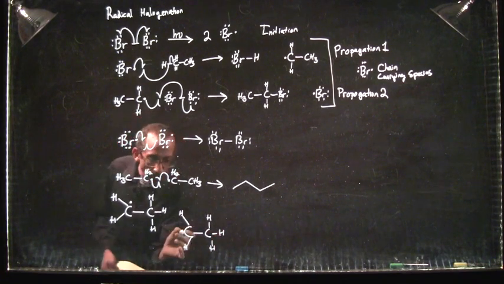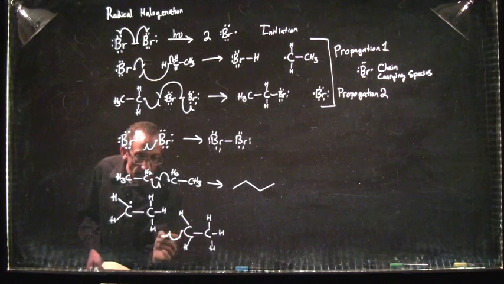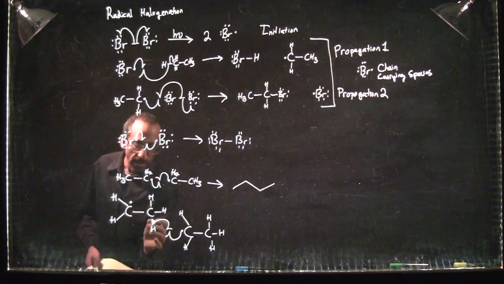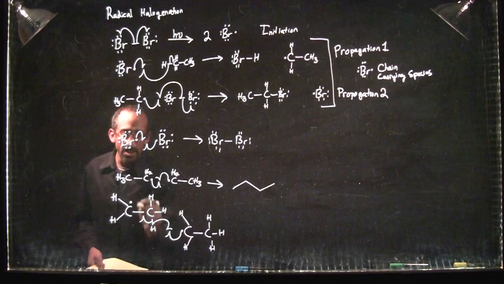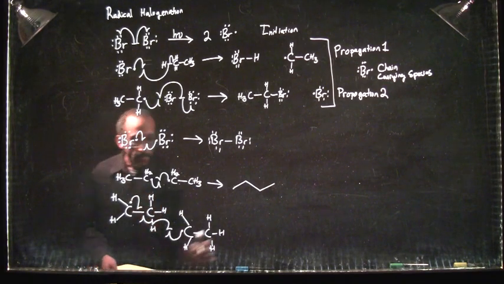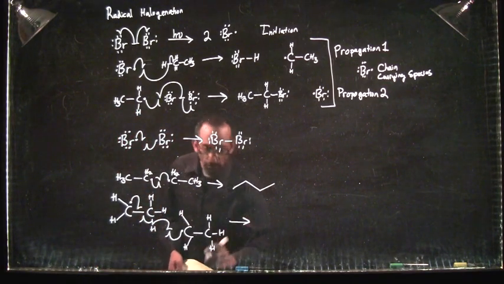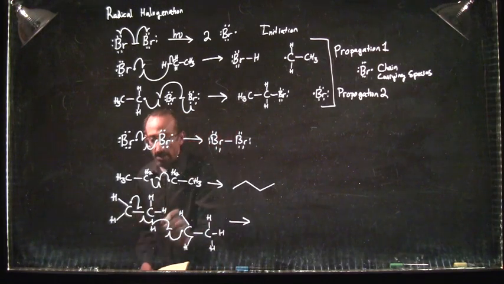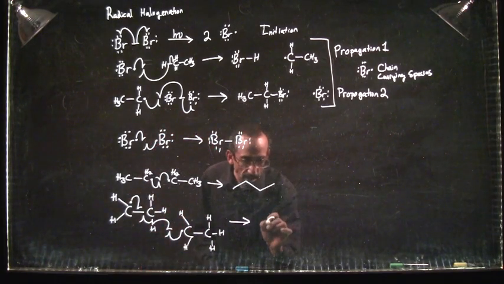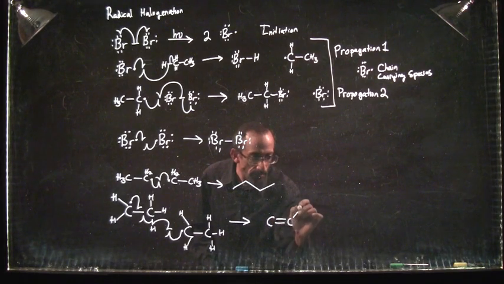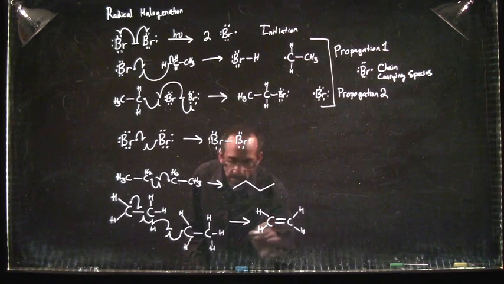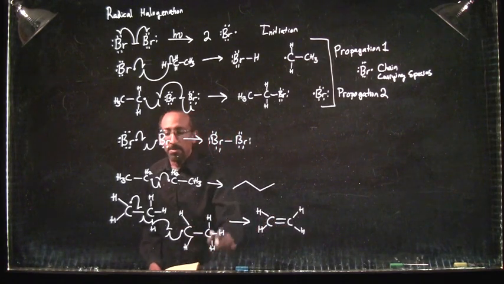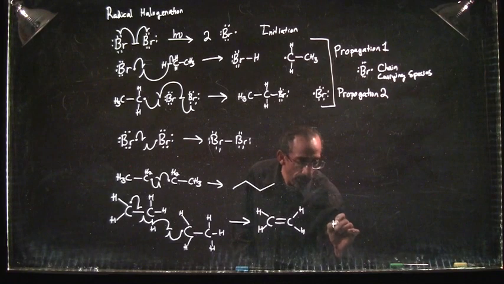And what happens is that one of these ethane radicals removes a hydrogen from the other. This other electron in the carbon-hydrogen bond goes between the two carbon atoms, and the end result of all of this is that this molecule here now has a carbon-carbon double bond, and this ethane molecule becomes fully saturated again.